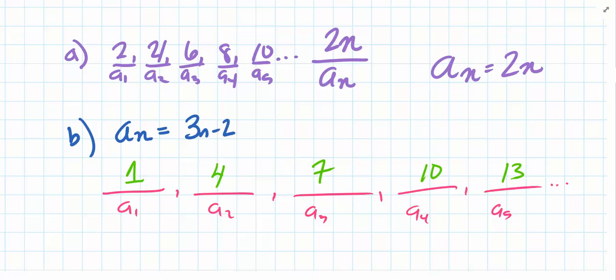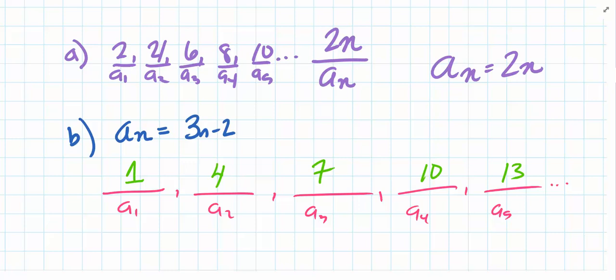The difference between any two terms is going to be 3, which is what it should be, because the slope is 3, which is a constant, right? So that's why I want to really harp on the fact that functions and sequences are definitely related to each other, okay? The points would be 1, 1, 2, 4, 3, 7, 4, 10, right? All that. You got it.